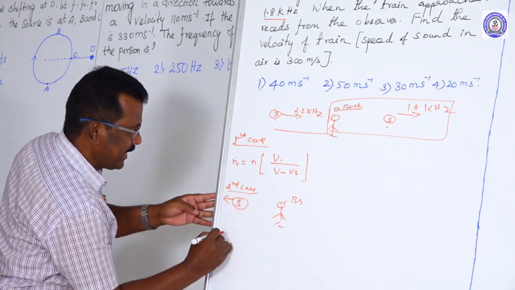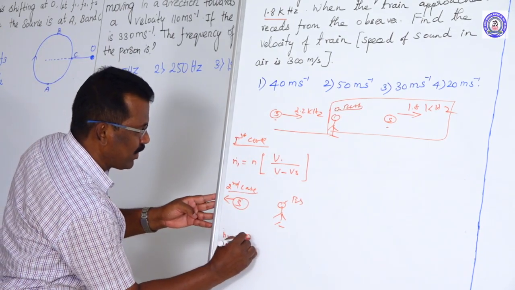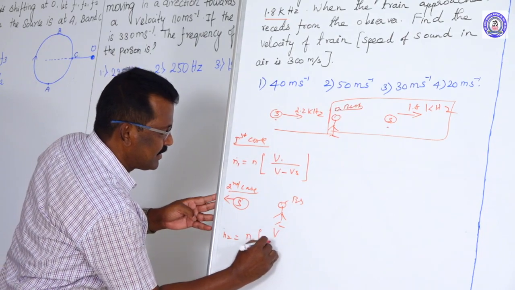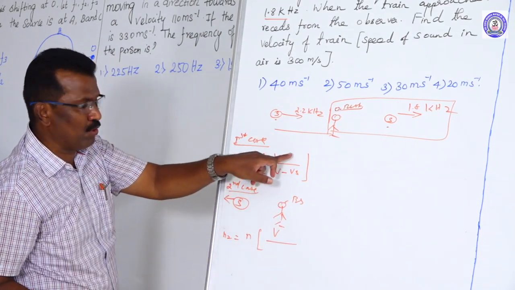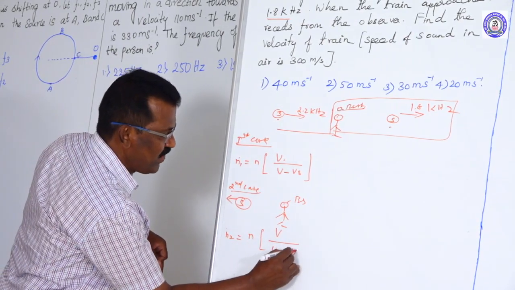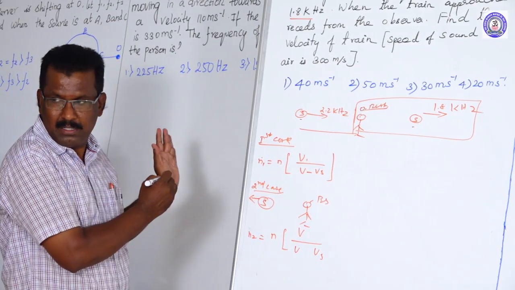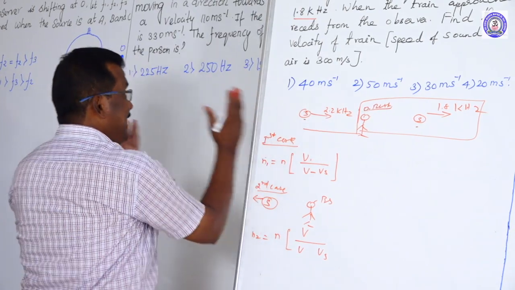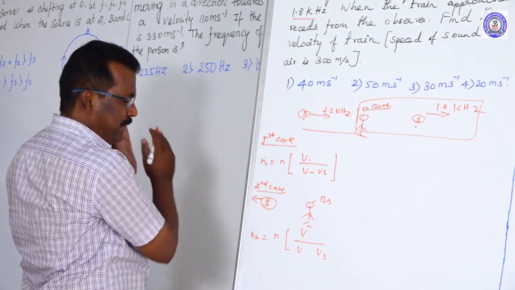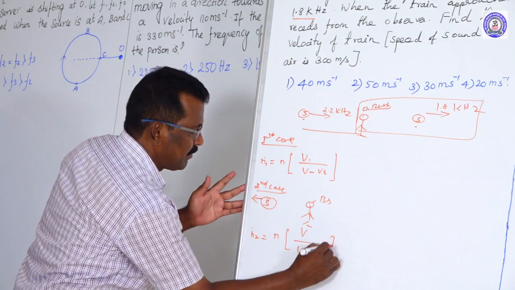In this case, n2 is equal to n times v minus vo divided by v plus vs. Still the observer is at rest, so vo is 0. The source is moving away from the observer, that means right to left. If it is right to left, it is a positive sign.